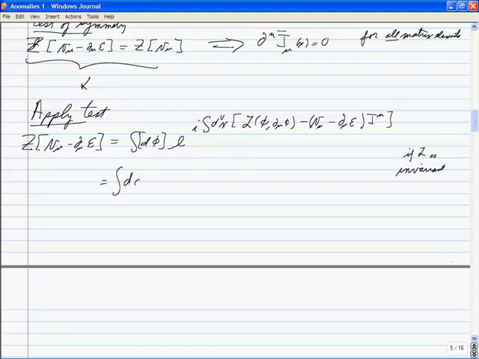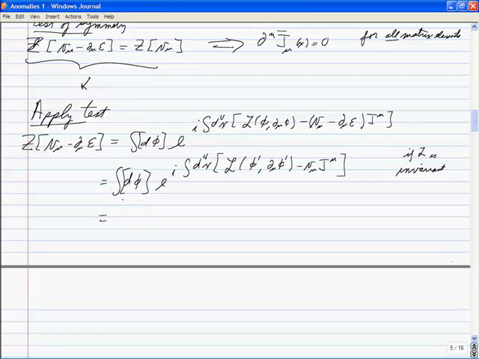this is the integral d phi e to the I integral d4x L, now of phi prime and d mu phi prime, minus v mu j mu, which looks almost like z of v, because I've now got phi prime.